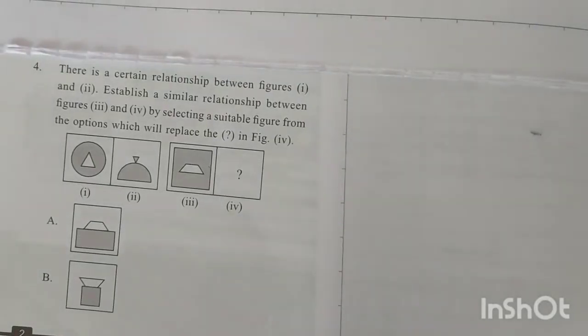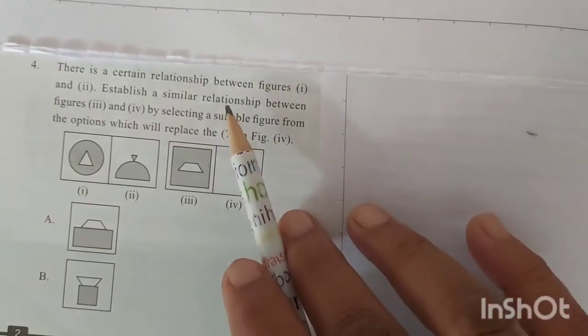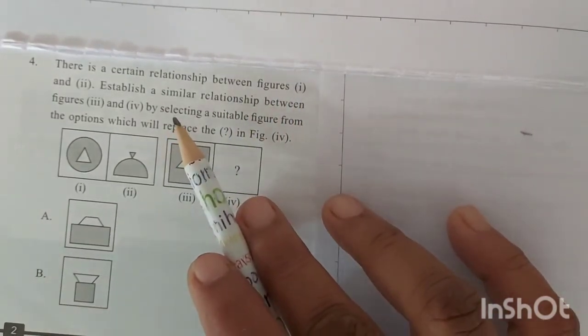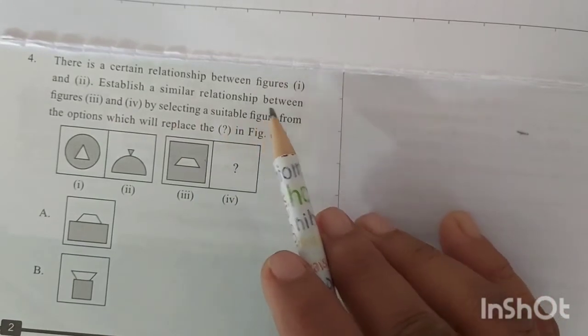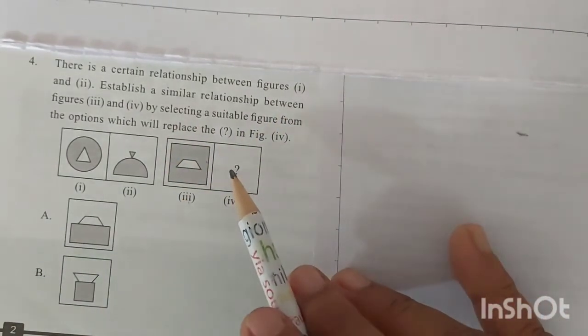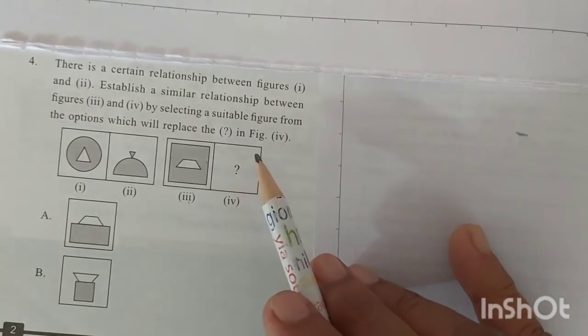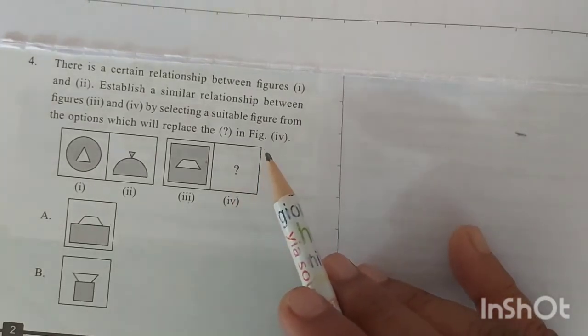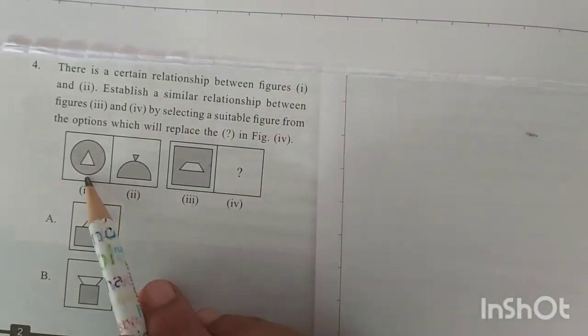Now children, see this question. There is a certain relationship between figures 1 and 2, and you have to establish a similar relationship between figures 3 and 4 by selecting the suitable figure from the given options. Okay, now here you can see the first figure and second figure.